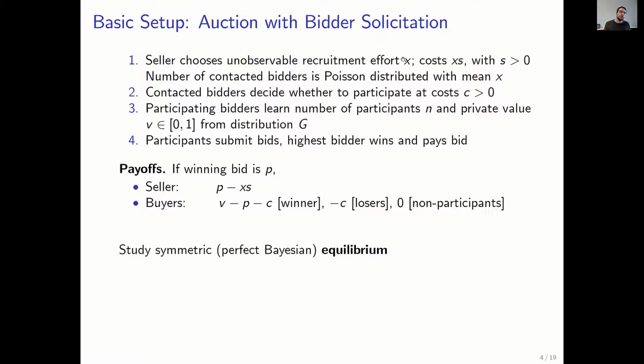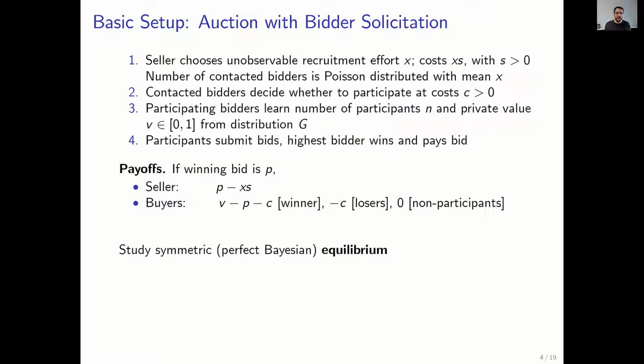Then those bidders who choose to participate learn the number of participants, little n, and their own private value v from a distribution g. And after they've learned little n and v, they submit their bids, the highest bidder wins, and pays his or her bid. Then the game ends.